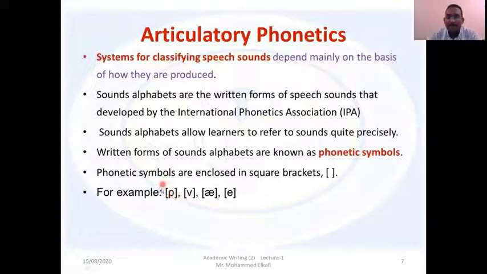Pa, it is enclosed with these square brackets, like this. Pa and va and a, also enclosed with square brackets, and E, the vowel E. We'll study them in more detail later in this course, inshallah.